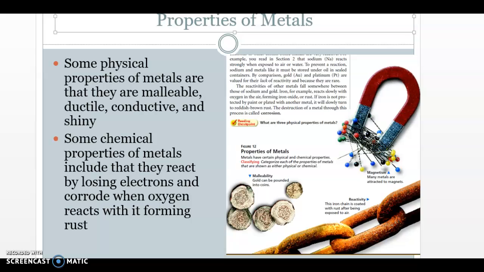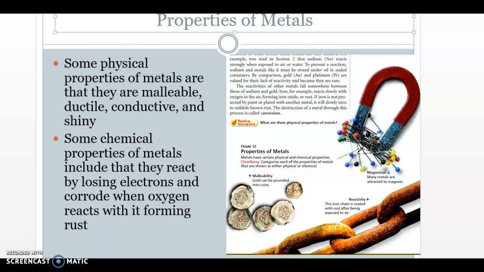They are ductile, which means they can be made into wires. Most wires, if not all wires, are made of some sort of metal depending on what type of wire you're using. They are conductive, which means they allow electricity to flow through them, and most of them are shiny as well. So those are some very specific things we can look at and test very easily.